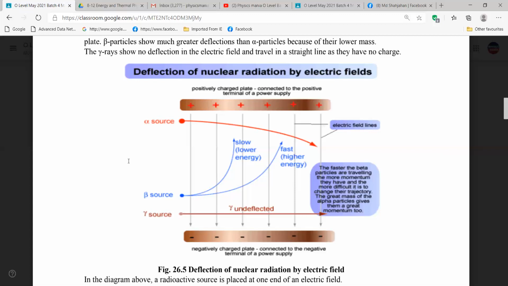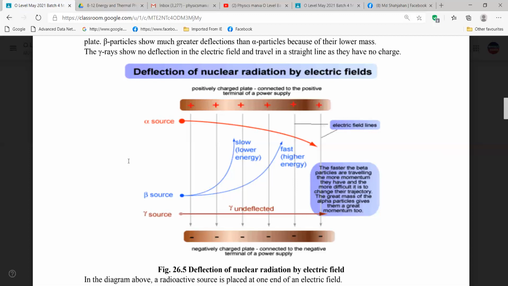Why? Because alpha particles are heavier, they have more mass, they have more inertia. We learned in the mass, weight, density topic what inertia is, right?